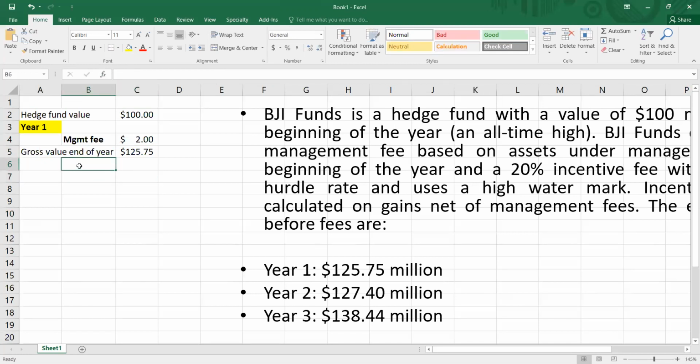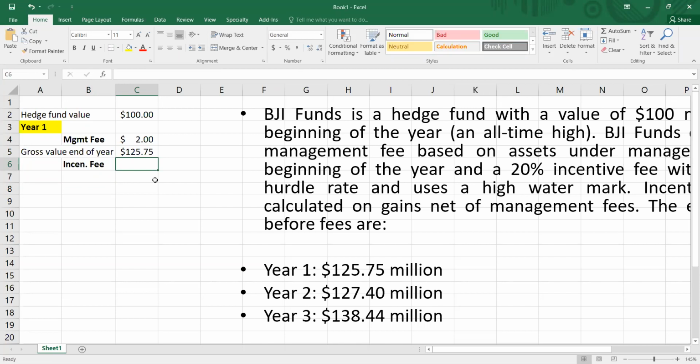So now we can estimate the incentive fee. The incentive fee is on the performance, how much money was generated. So basically, we need to get the difference.